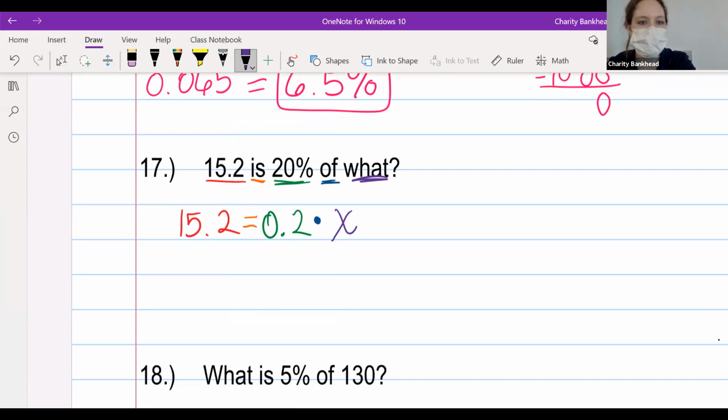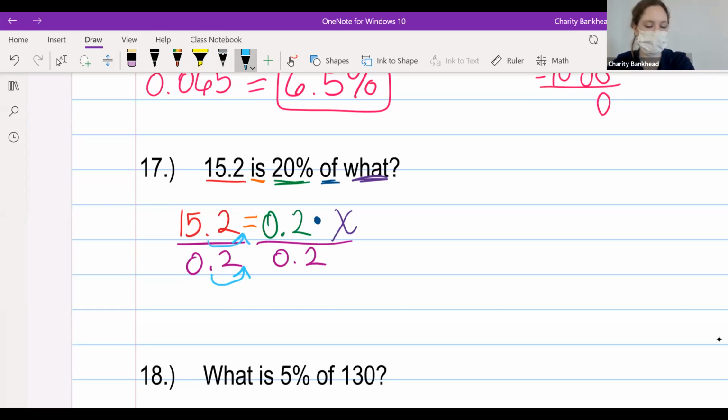So in order to solve that, I divide both sides by 0.2. If you're dividing by a decimal, you want to move the decimal point however many times you need to make that a whole number. So we just need to move that decimal point one time to the right, which means we also move this decimal point one time to the right.